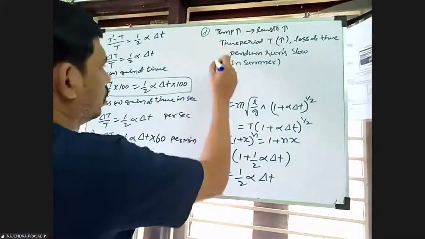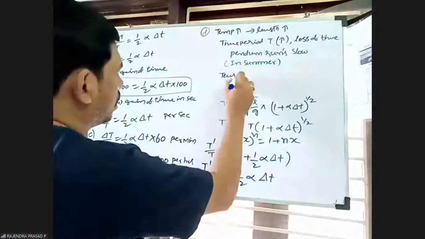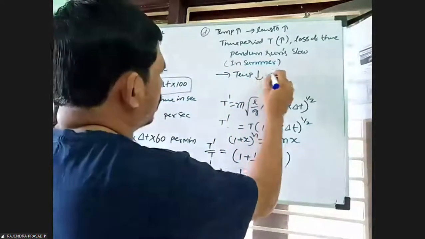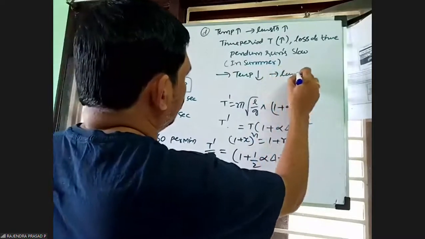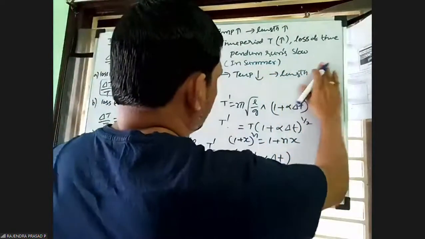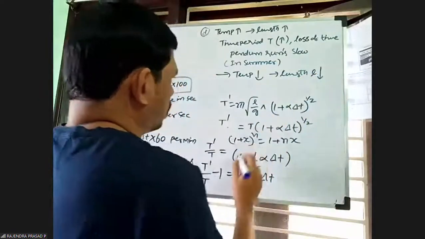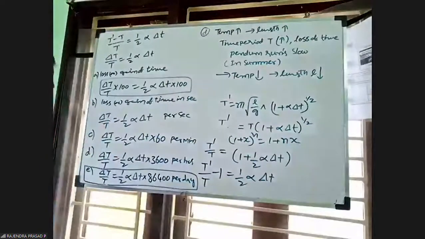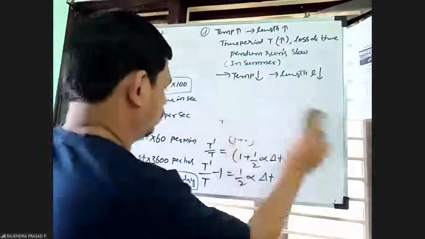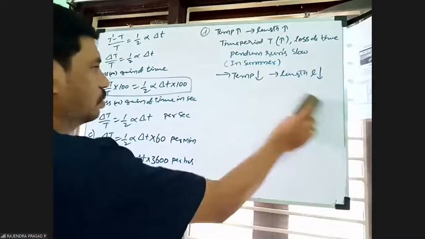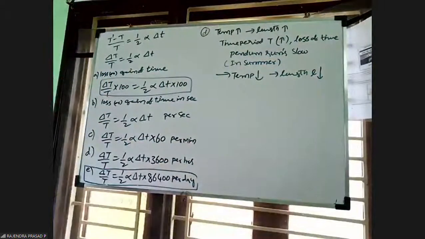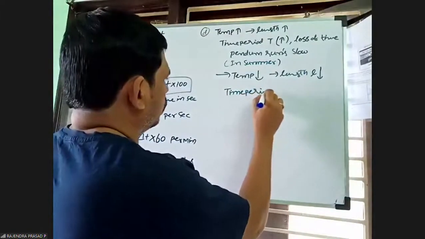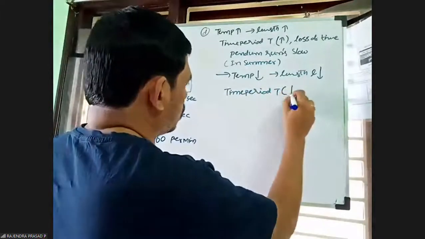So next, temperature decreases. Length also decreases. Length decreases, time period also decreases.